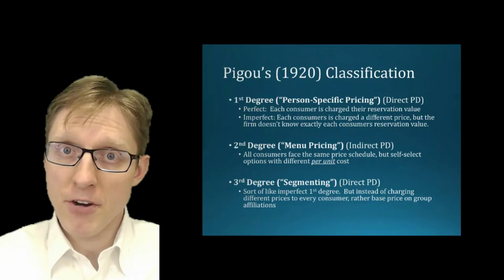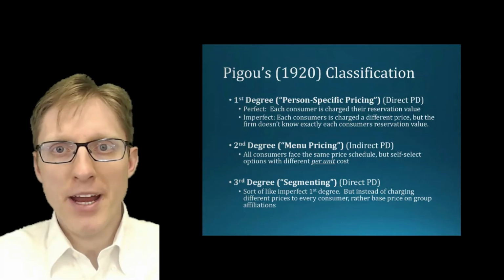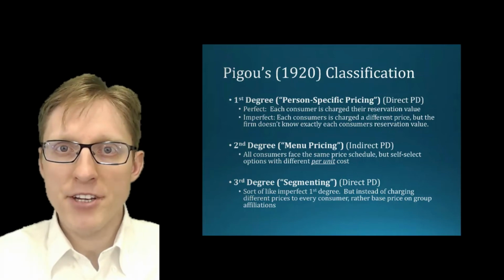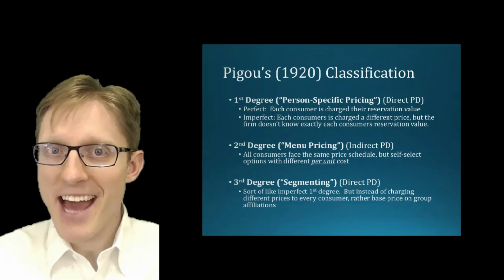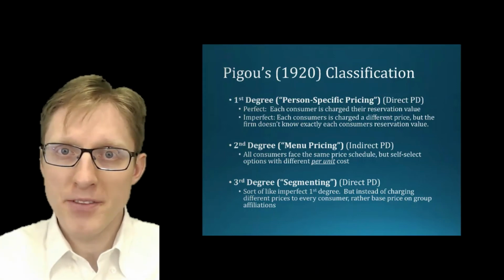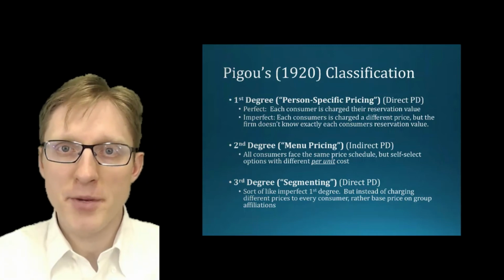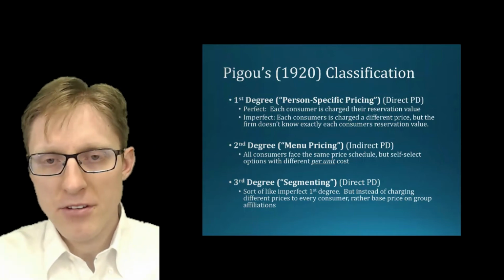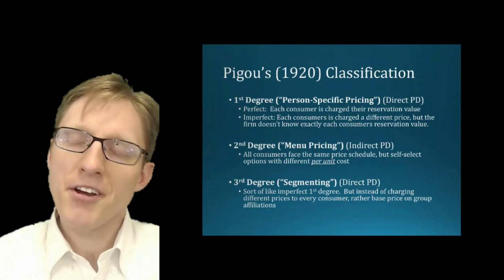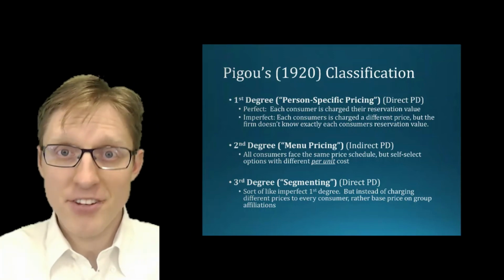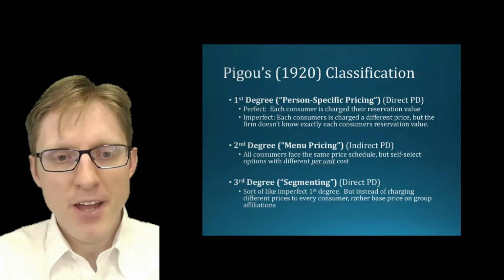Even imperfect first-degree price discrimination, where the firm might have some idea about how much each person is willing to pay, but it's not exact, and they end up charging people different prices, but not their full willingness to pay. Even that example is still pretty rare, although it's, at least historically, We will be talking more about that a little later in this lecture and in the in-class lecture.